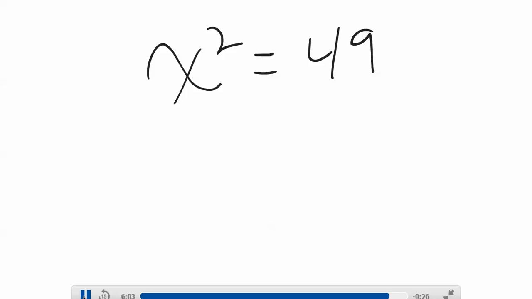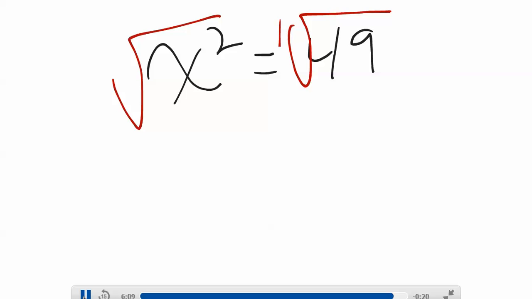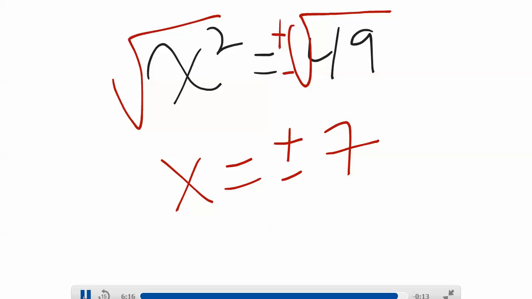Well, you would take the square root of both sides, and you would see that you would have to take the plus and minus square root, so you have x equals plus and minus 7. If you don't quite understand it right now, that's okay. That's another day. We're going to get into it quite extensively here in a few days.